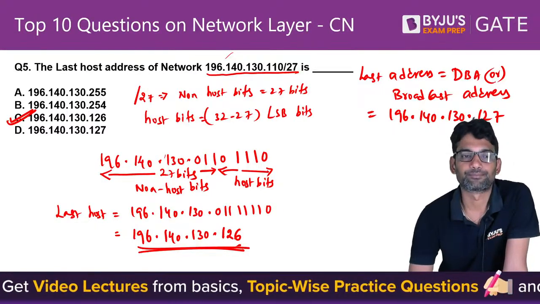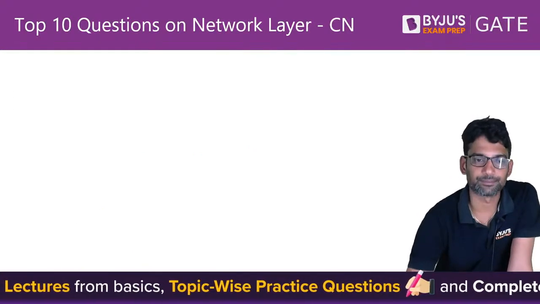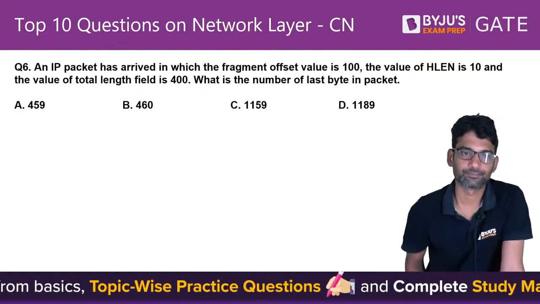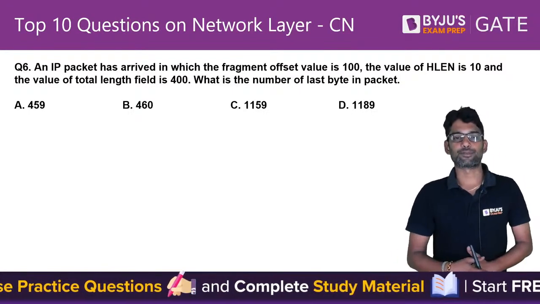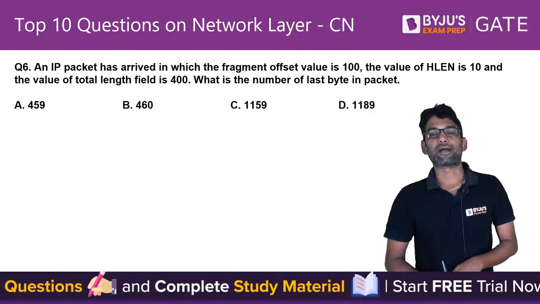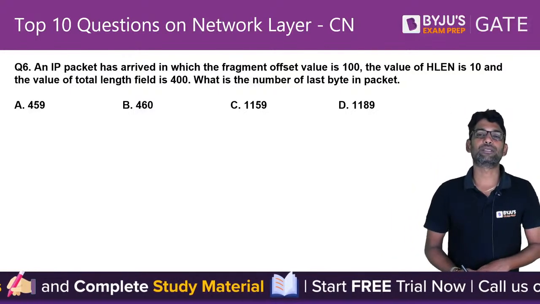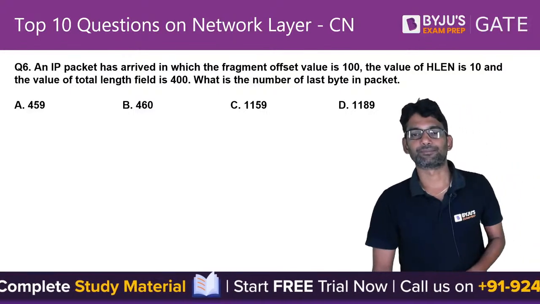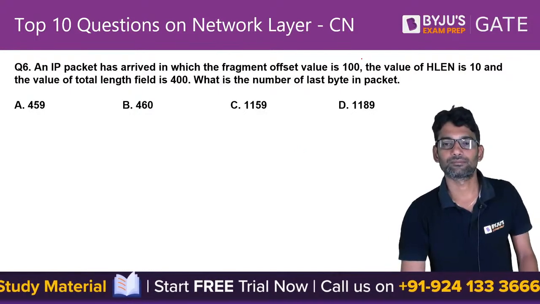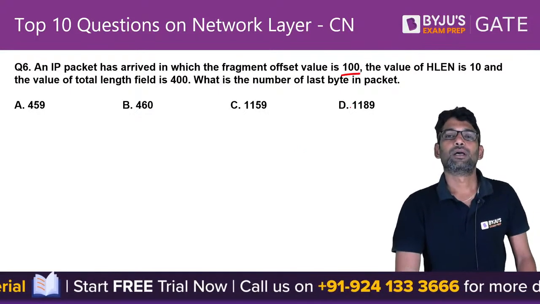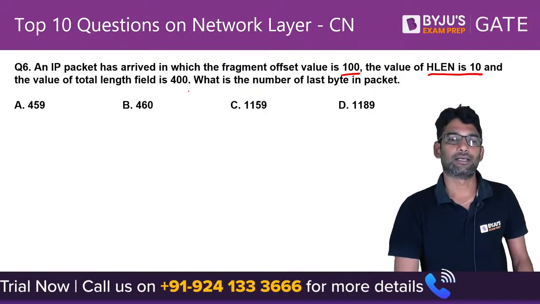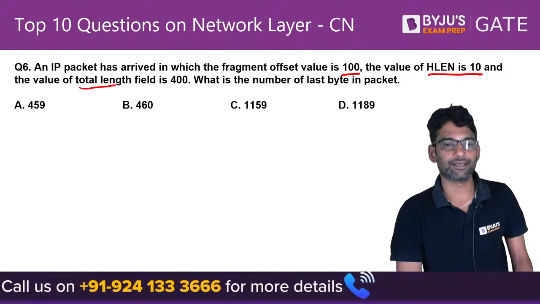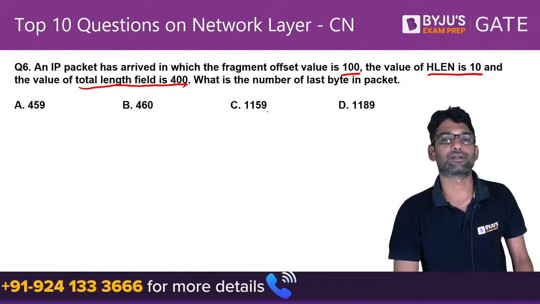Question number 6. An IP packet has arrived in which fragment offset value is 100. HLEN value is 10 and total length is 400.